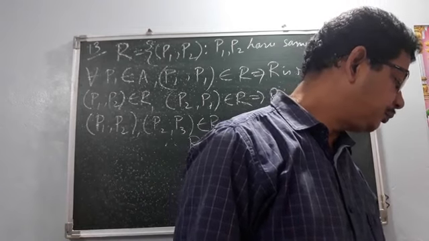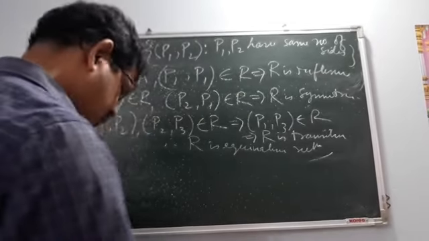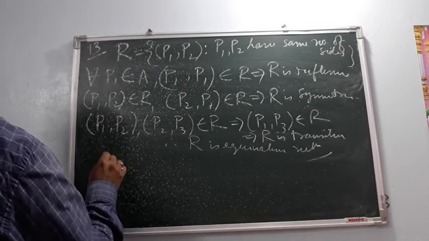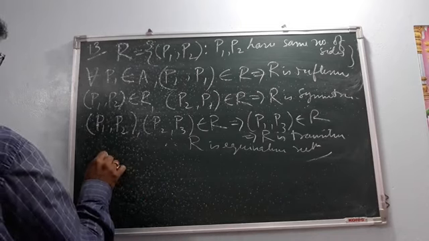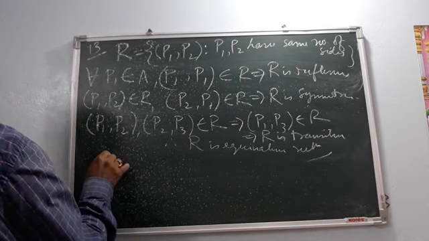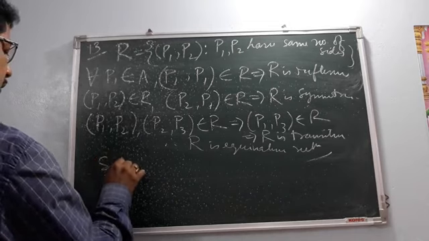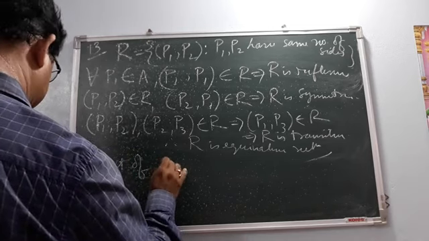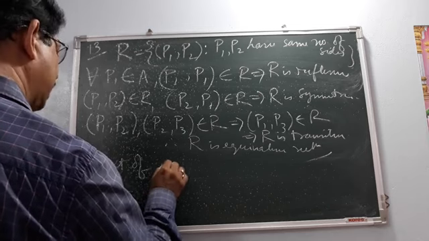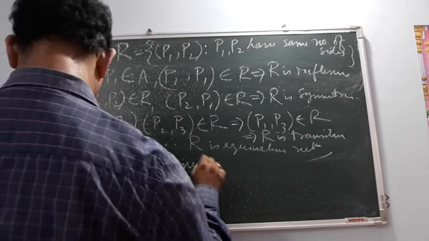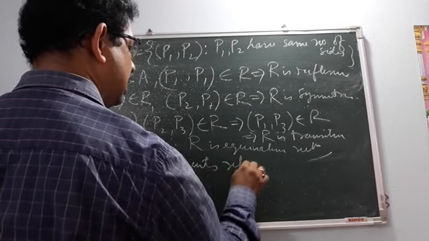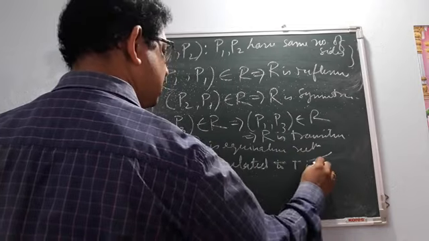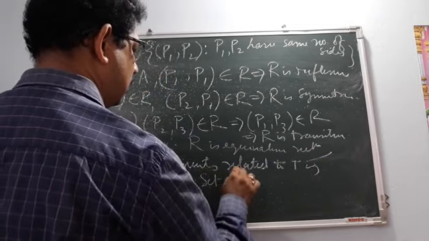So here you will write that the set of elements related to T is the set of all triangles.